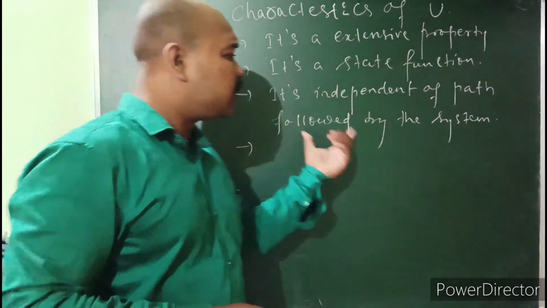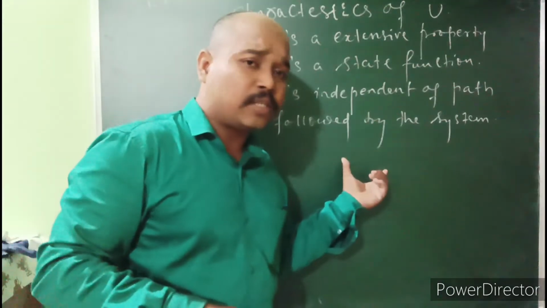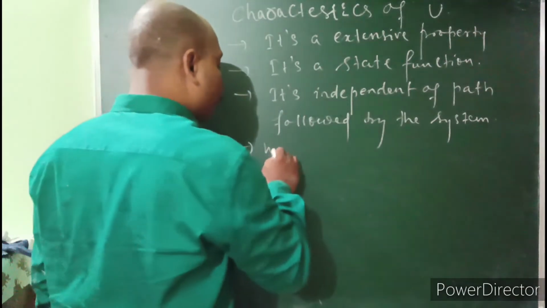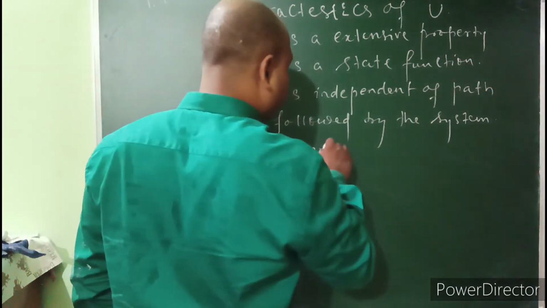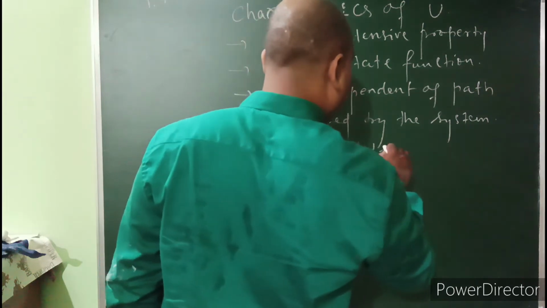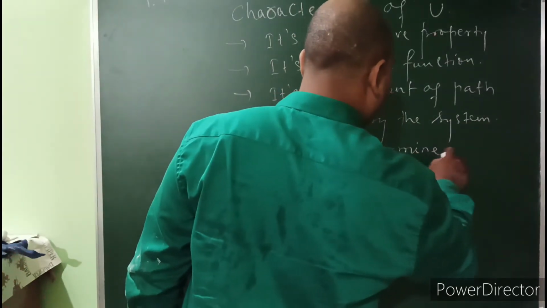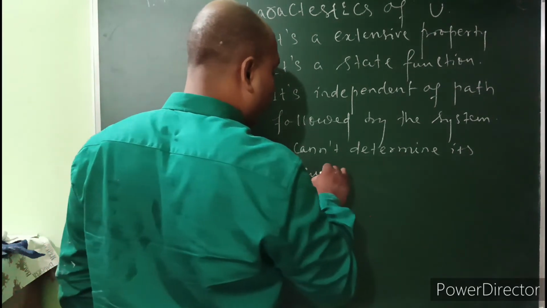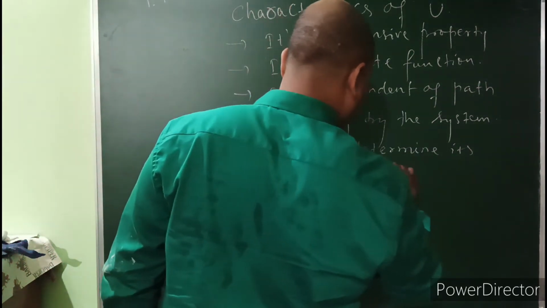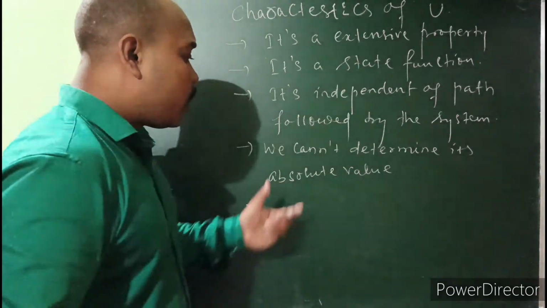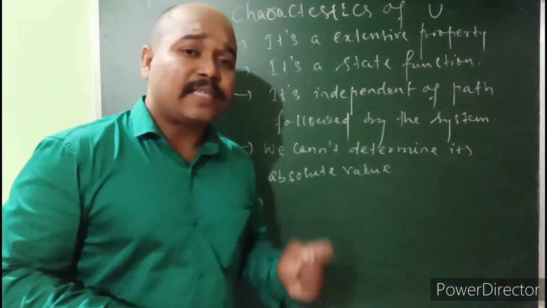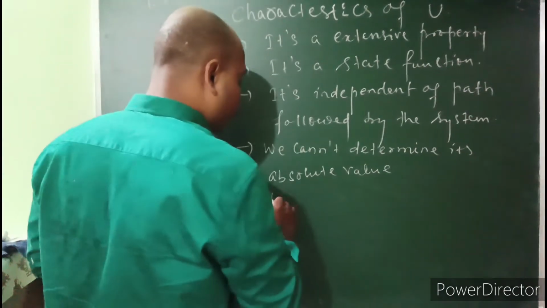Now, as it is independent of the path followed by the system, we cannot determine its absolute value. We cannot determine its absolute value, but we can determine its differential value.